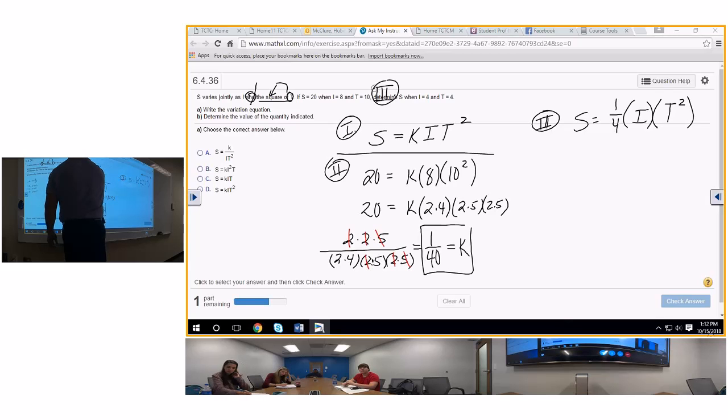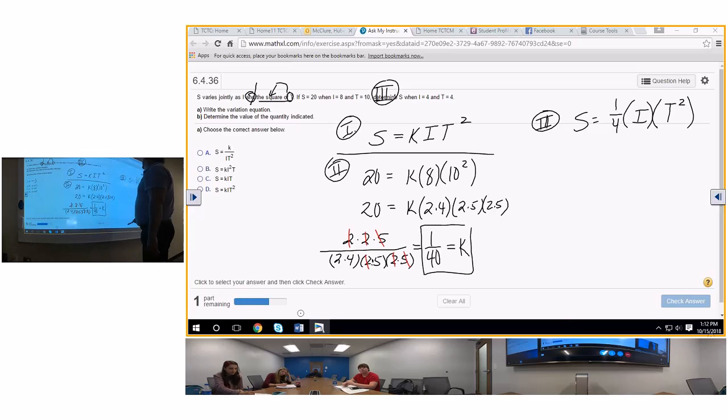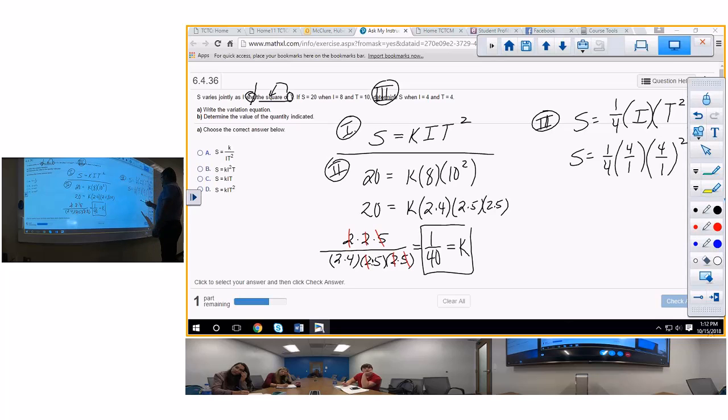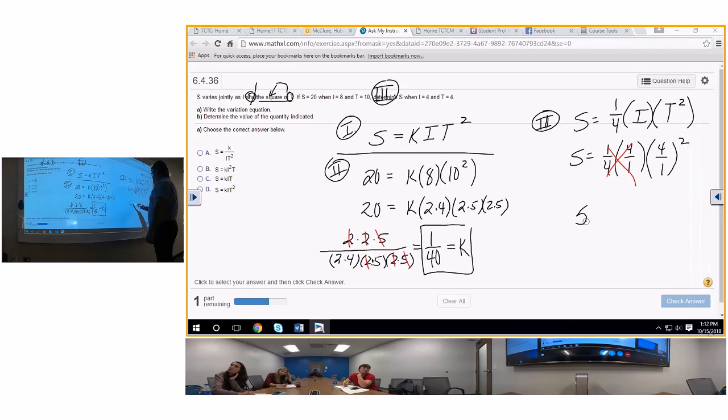S is equal to 1/4 times 4 over 1 times 4 over 1 squared. And what happens to the 4 over 1s right here? They cancel out. And S is equal to what? 16.